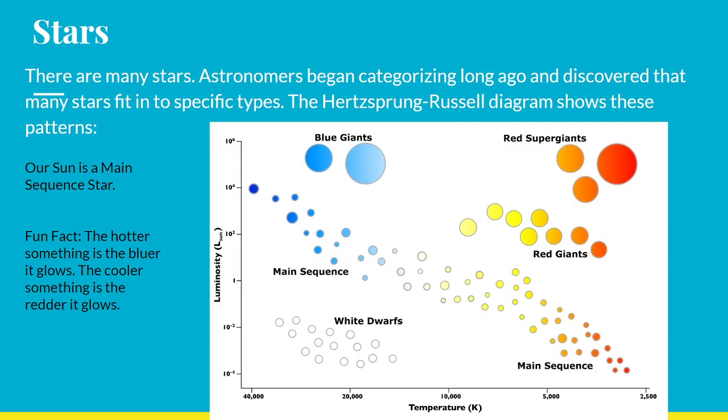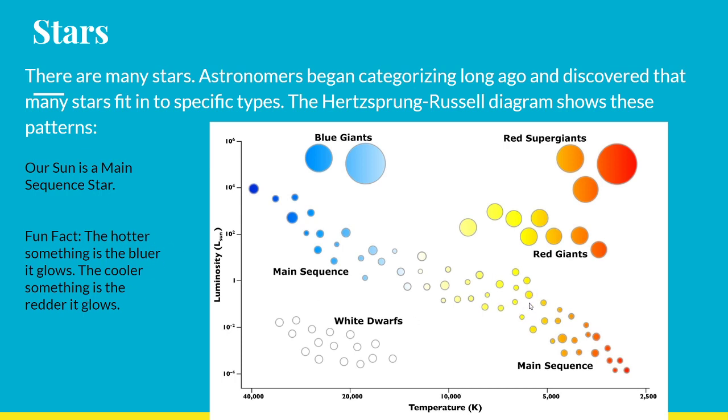There are a great deal of stars. Astronomers have been categorizing and organizing things, and we've discovered there seems to be a trend in how a star works or how it looks. This trend is described by the Hertzsprung-Russell diagram. It shows these patterns. So our sun happens to be along the main sequence.